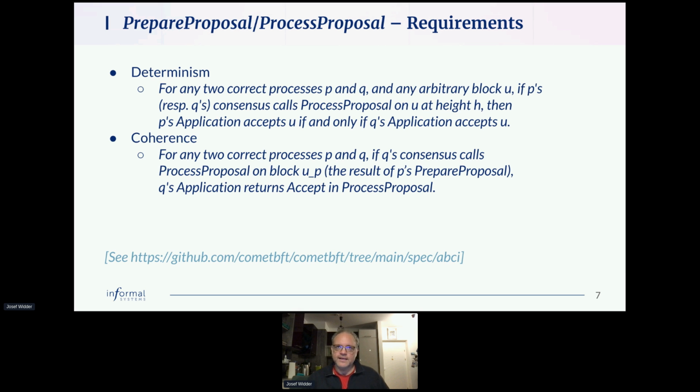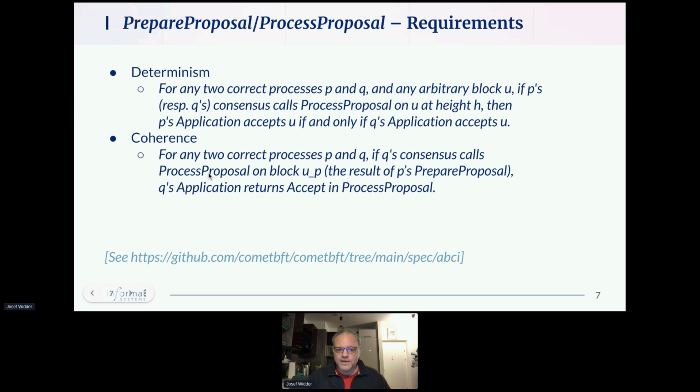So this means that the application has the power to stop consensus, has some power of influencing liveness, which means that, and we have formalized this, if a correct proposer proposes a block, then process proposal must actually accept the block.